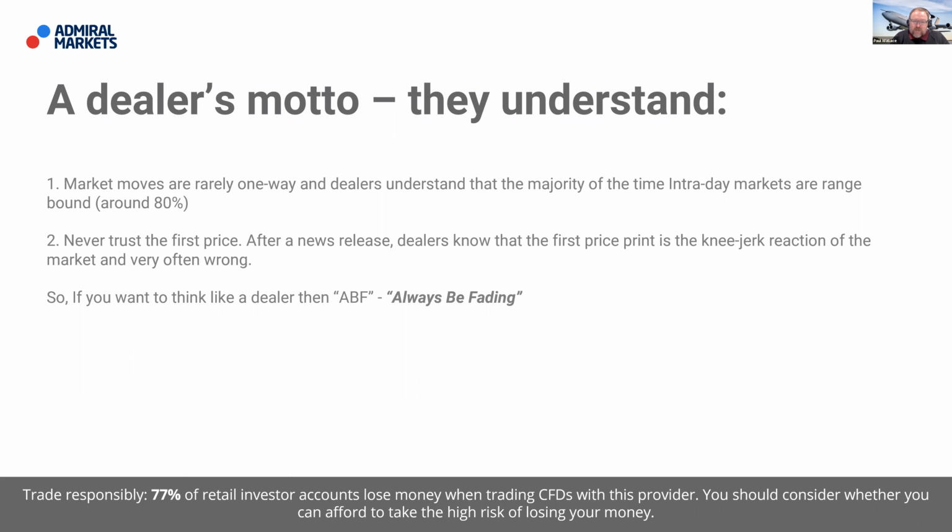That can be about 4 out of 5 days where markets are generally range bound. What they also know is that they don't trust the first price. After a news release, dealers know that the first price print is very often the knee-jerk reaction of the market and very often wrong. Not always, but very often.